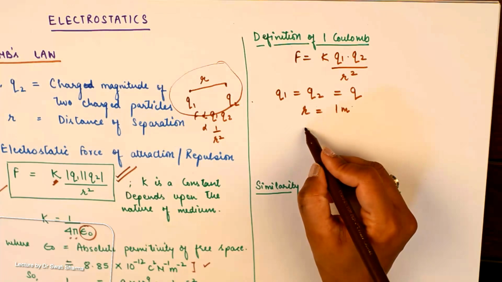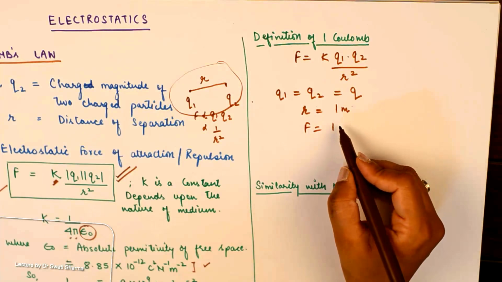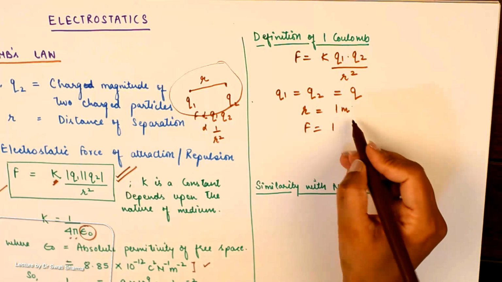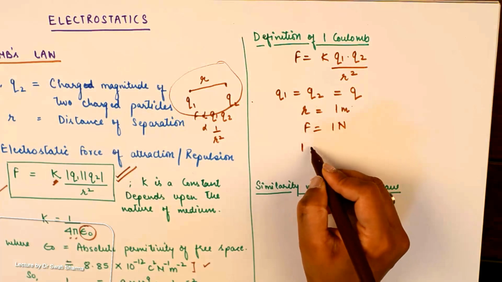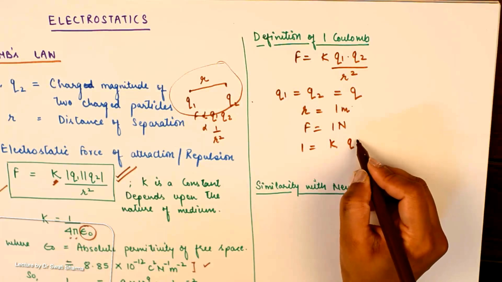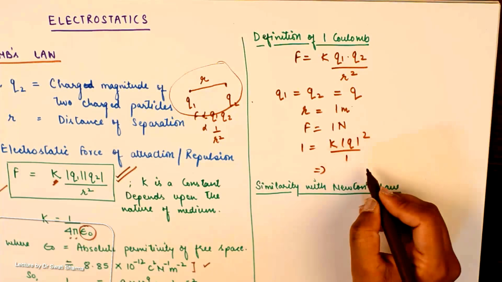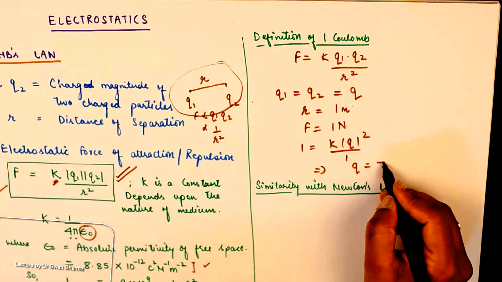a force of 1 Newton. If I put these values here, what I get is 1 equal to K into Q square upon 1, which implies Q is equal to plus minus 1 Coulomb.